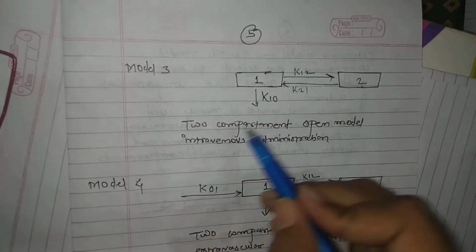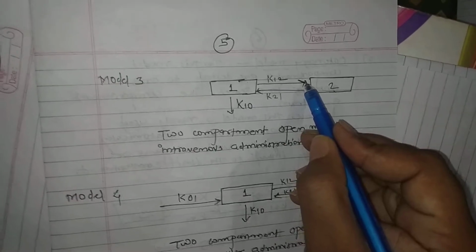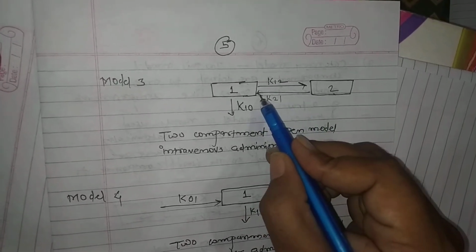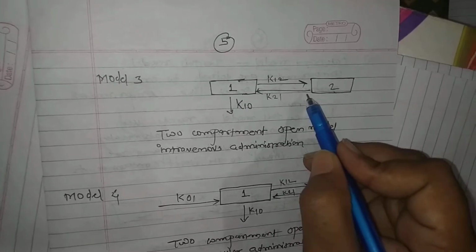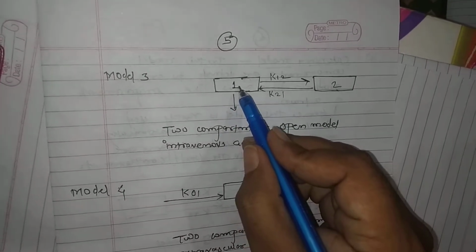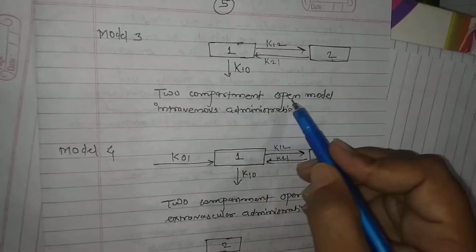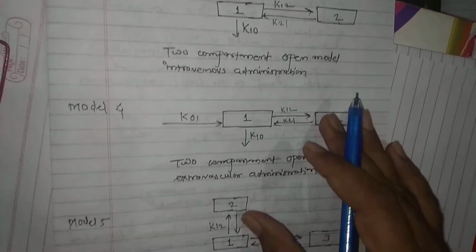This line indicates the movement of drug from compartment 1 to 2, that is K1-2, and the reverse can also happen, from compartment 2 to compartment 1, and from compartment 1 to elimination. This is the two compartment open model, intravenous administration.